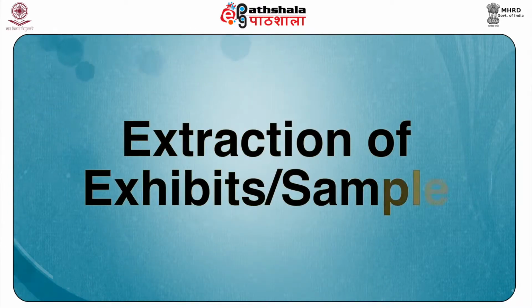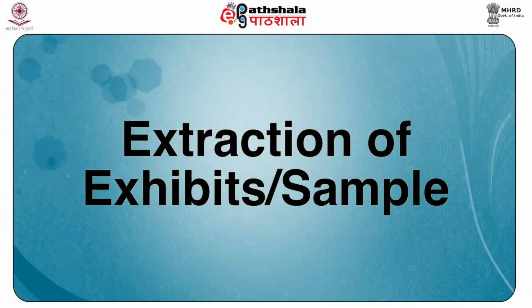So let us begin with the extraction of exhibits or the samples. Before the instrumental examination, the exhibit must be broken or cut down into small pieces, because you must have collected big-sized evidence also from the arson crime scene. And furthermore, once you have cut it into small pieces, just take a suitable amount of the sample for steam distillation.